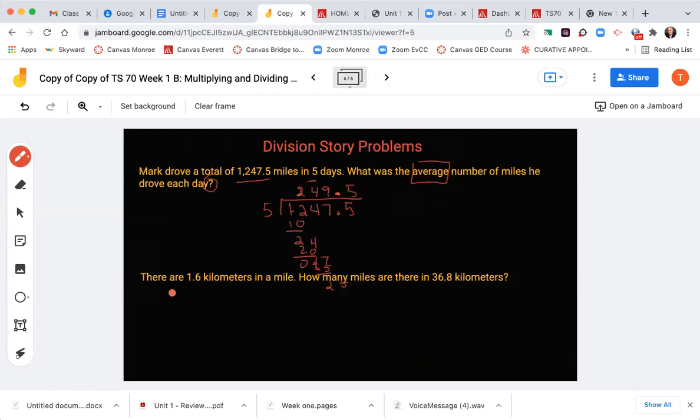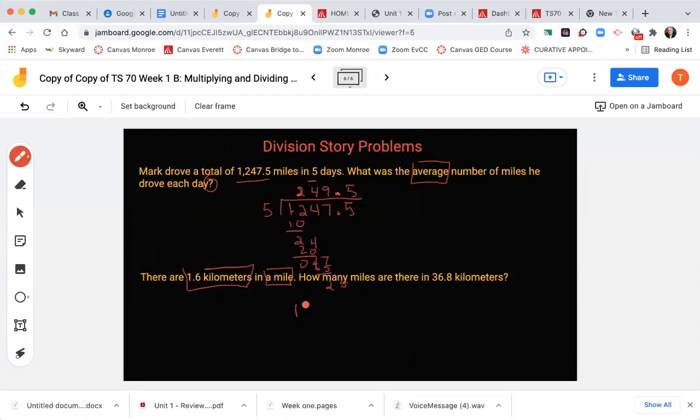Last problem here, I think. There are 1.6 kilometers in a mile. How many miles are there in 36.8 kilometers? Well, I'm going to divide. There's this much in 1 mile.